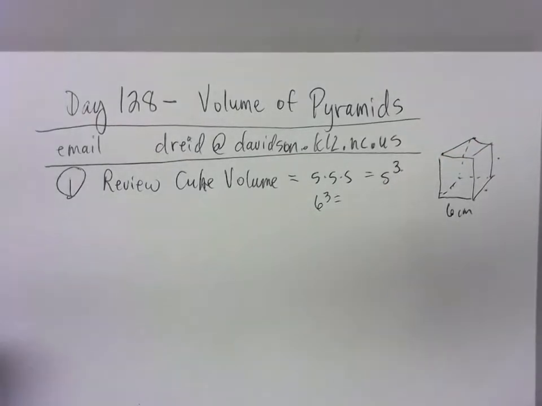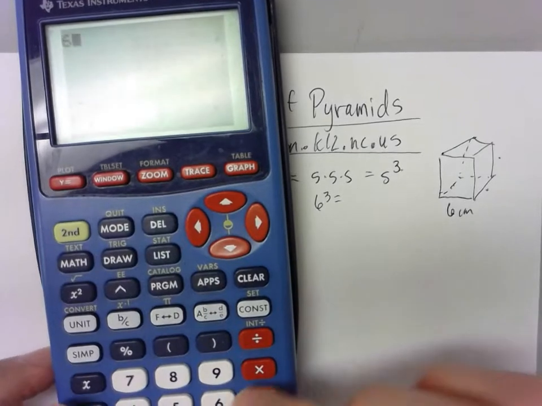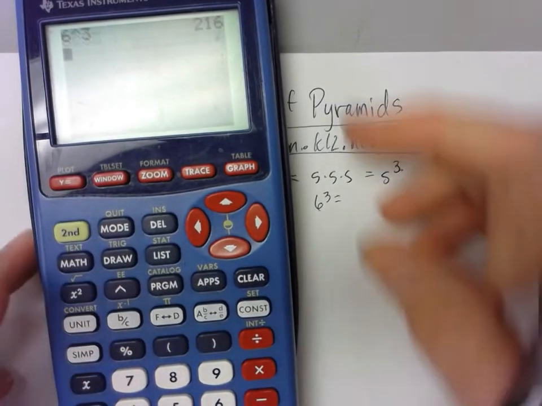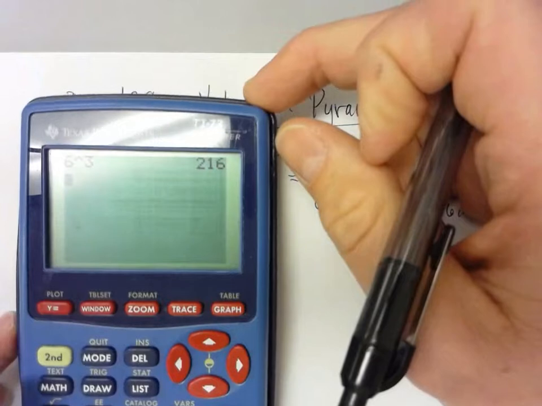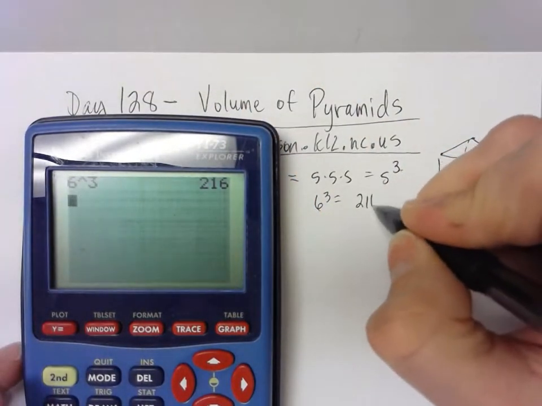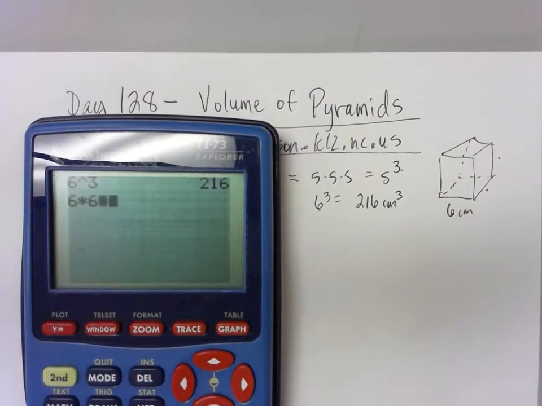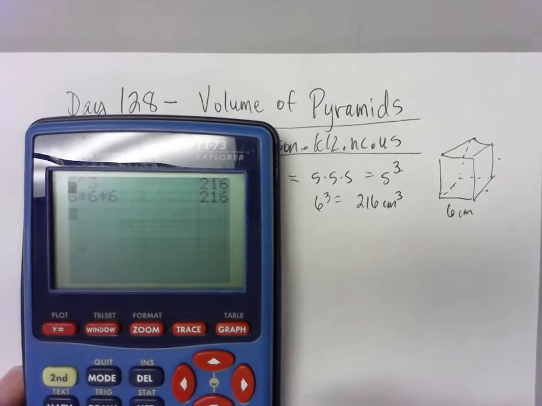And if we got our volume of that, side times side times side, 6 to the third power would be 216 centimeters cubed. Of course, if you don't have the exponent button, you just have to multiply those together, and it gives you 216 off the calculator.